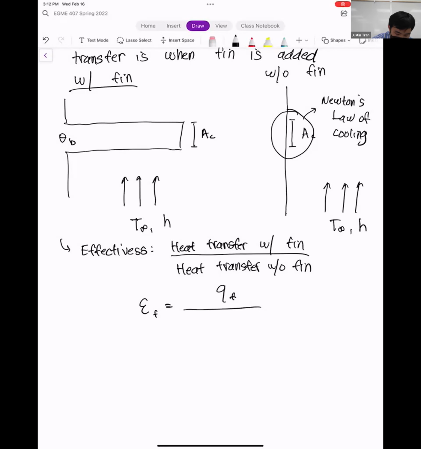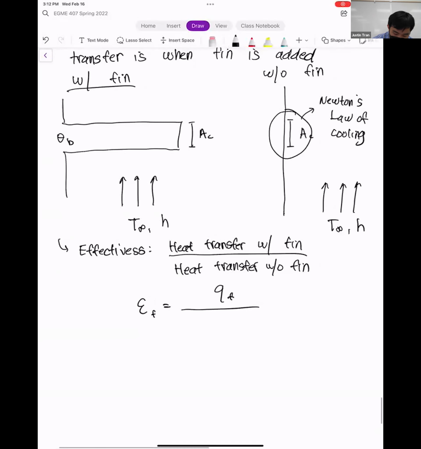All right, and so Newton's law of cooling, we take the convection coefficient, we take the cross-sectional area of just that slice right there, so just A_C. We do T base. And so we do h times A_C times the temperature difference, which is T base minus T infinity.